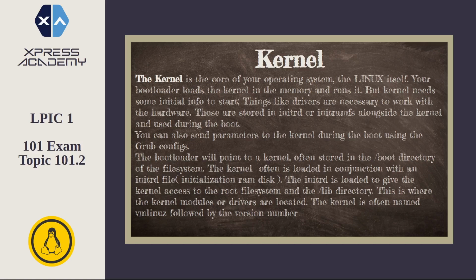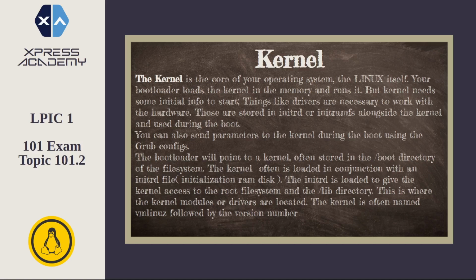Or you can force your graphics to work in 1024x768 mode by passing vga=792 to the kernel during the boot. The bootloader will point to a kernel often stored in the /boot directory of the file system.